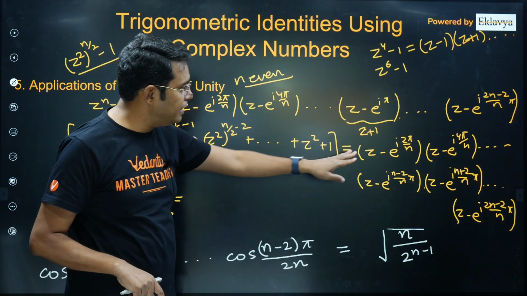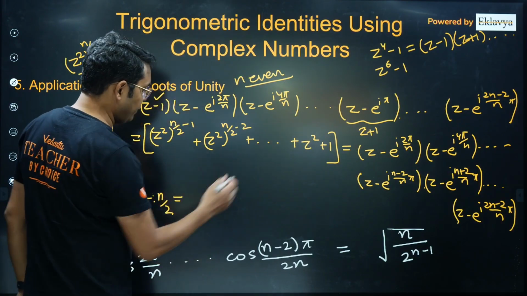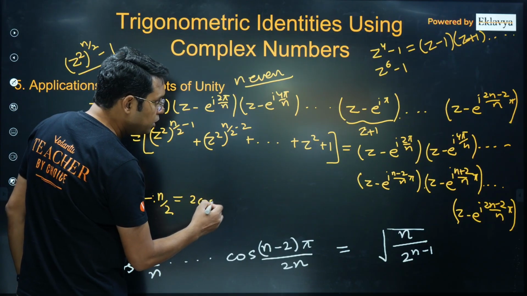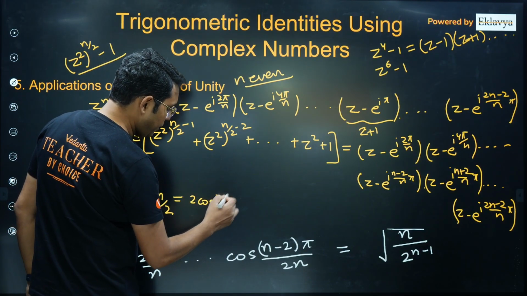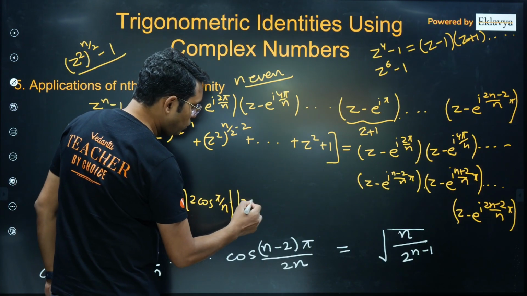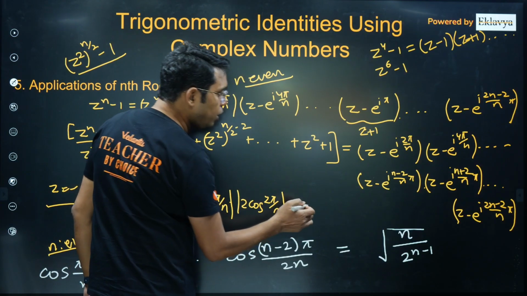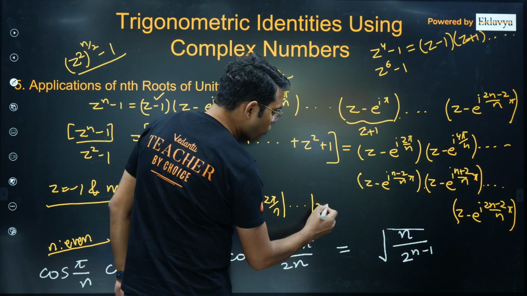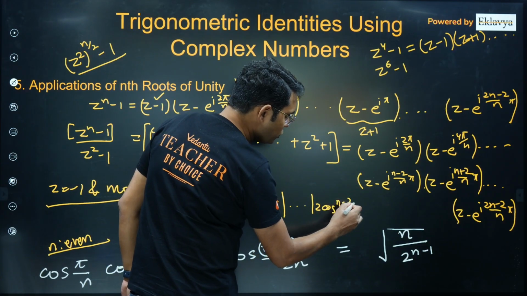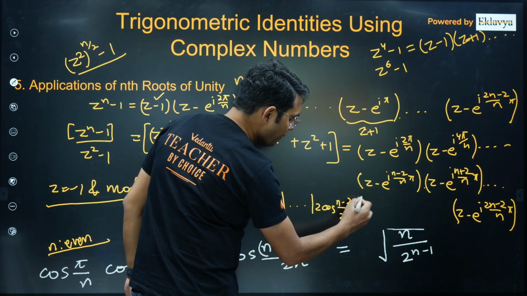and then you take mod, it is like 1 plus this thing. So first bracket will become 2 cos pi by n, mod, then 2 cos 2 pi by n, and so on. This one will be 2 cos n minus 2 upon 2n into pi.